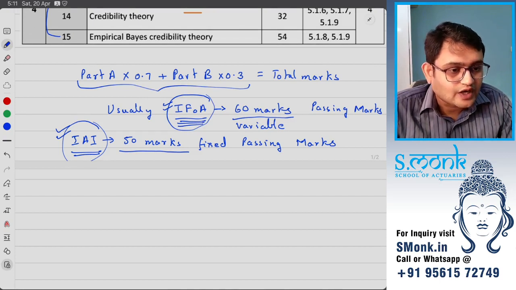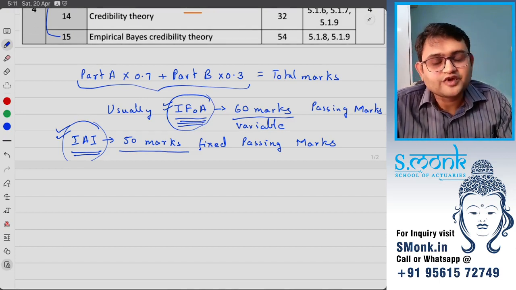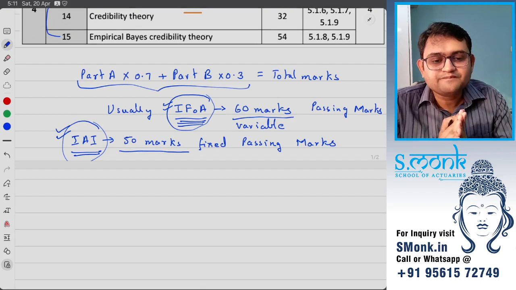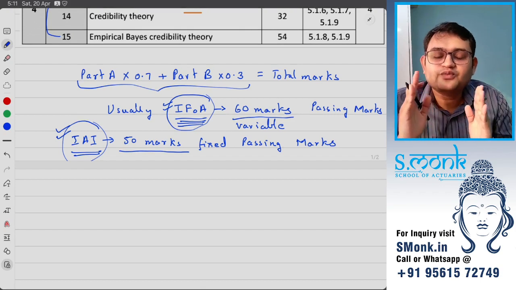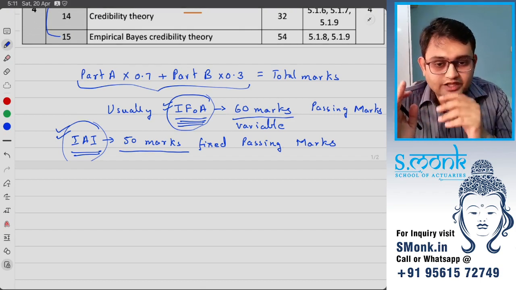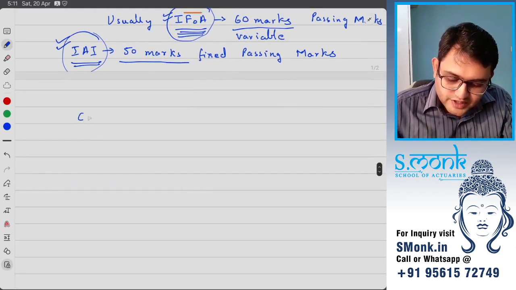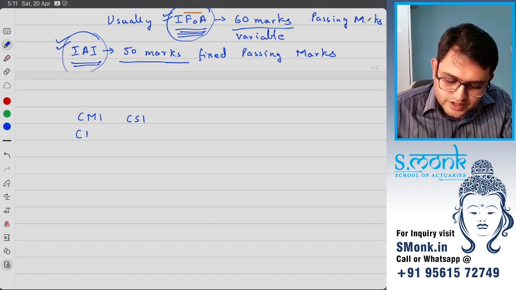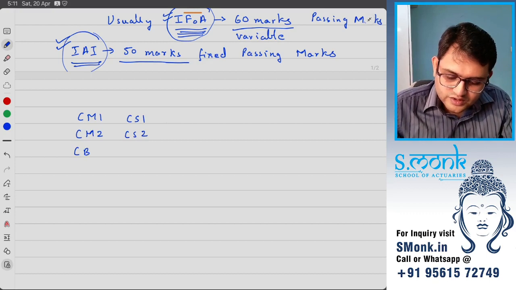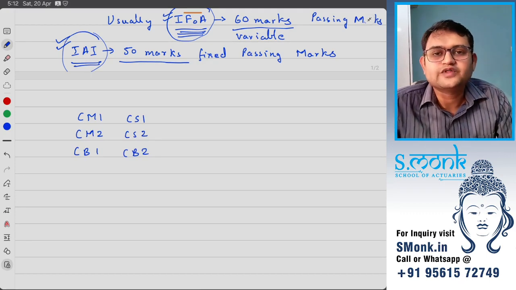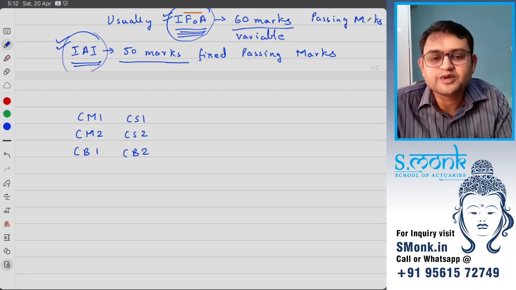Okay, so see, when it comes to companies in India, they won't differentiate between the institutes. They would ask whether you have cleared a paper or not. So basically you have CM1, CS1, CM2, CS2, CB1, CB2. These are the 6 papers that are our basic beginning papers, right?